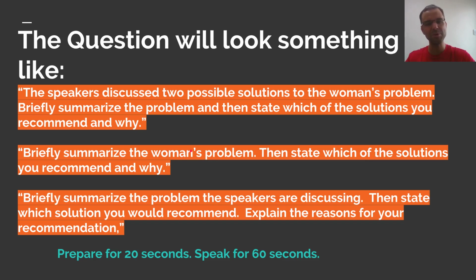You're asked to summarize the problem and then pick one of the solutions and why you picked it. Remember, it's not just the woman who could have the problem, the man could also have the problem. You're given just 20 seconds to prepare and 60 seconds to speak.